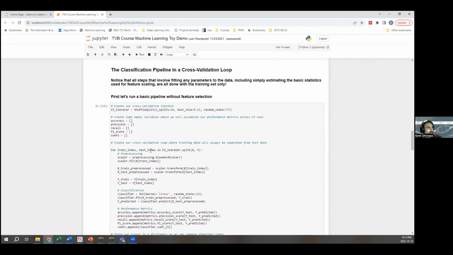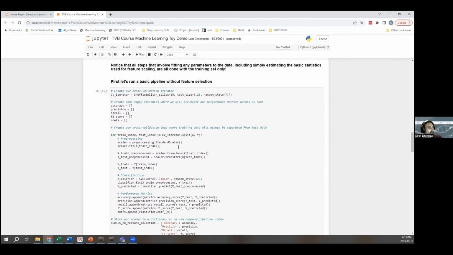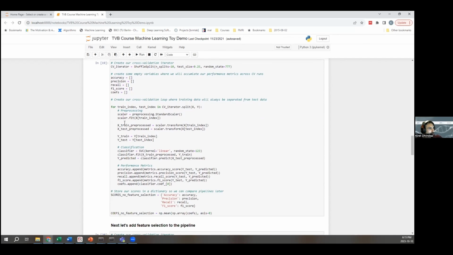But I wrote it a little bit more explicitly so that you can actually see what's happening. And in particular, you can see that for the pre-processing, which I'm just doing standard scaling, which is a Gaussian scaler, I'm fitting it on the training data and then using the fit scaler on the test data.